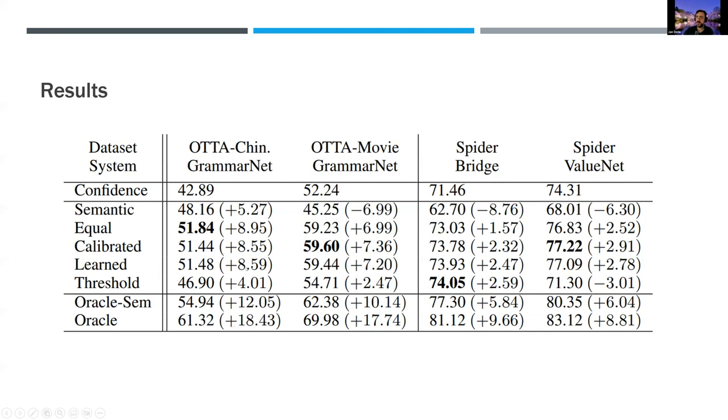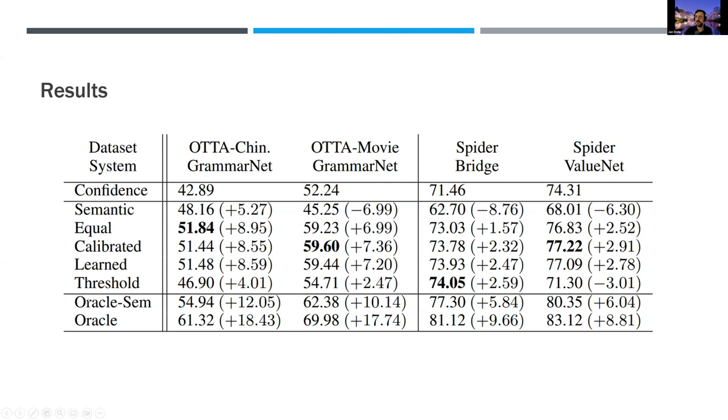So we still have a big gap to the oracle, meaning that if you would select the correct hypothesis from your beam, you still have a huge gap to that. Here, 10 points. You're also still 10 points of gap. So there's a lot of room for improvement. But at least we did some steps on the way there.